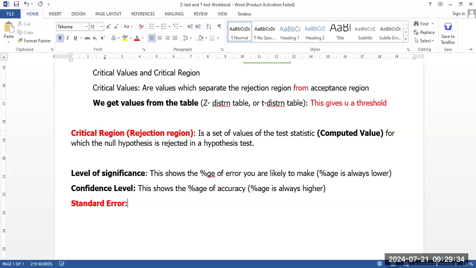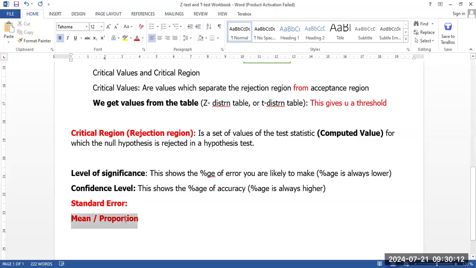But to simplify life, with standard error we are going to find ourselves focusing on either mean or proportion in our questions.